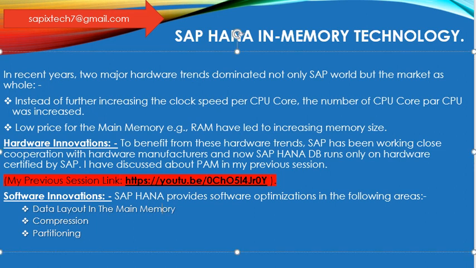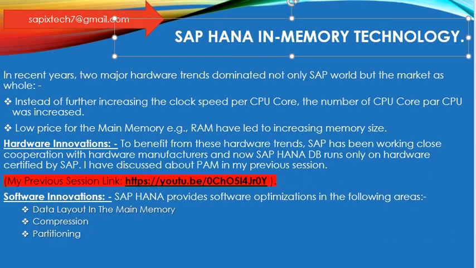What is data layout in main memory? The actual data layout. I'll show you compression and I'll show you partitioning. Let's meet again after the break. By that time, I would request you to revise it again.